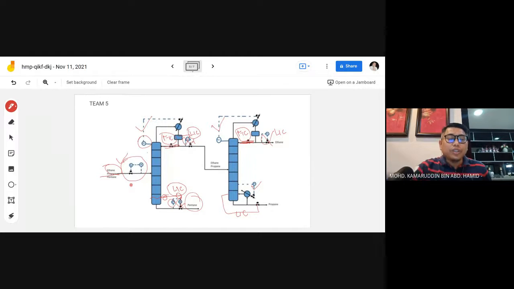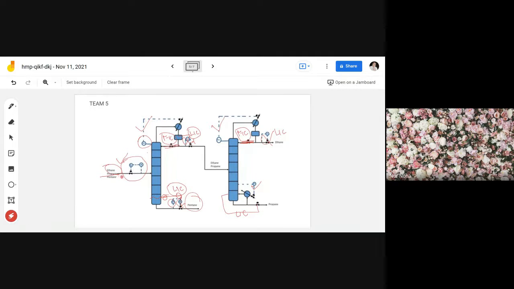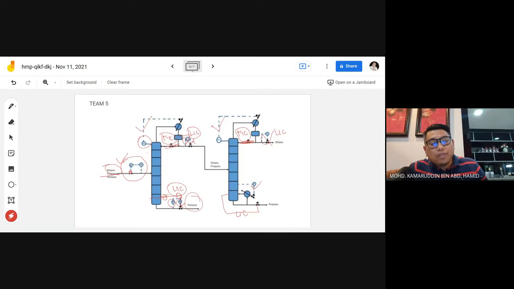How do you increase the temperature here? Ini feed kan? How do you increase the temperature? Or how do you reduce the temperature here? Dengan cara adjustable flow rate. Okay, kalau adjust flow rate, temperature boleh naik, boleh turun ke?